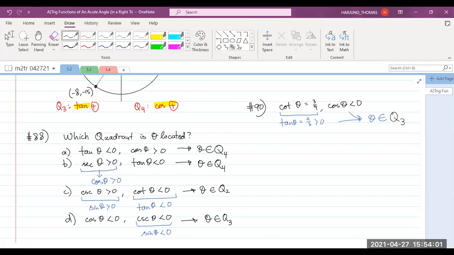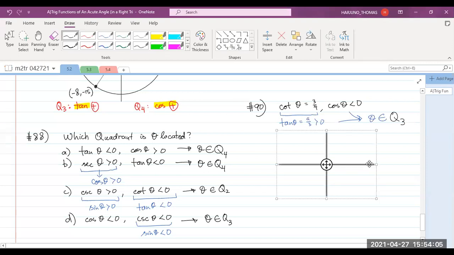Now, picture that on the coordinate system. The y is 4, the x is 3, but it has to be negative 3 in quadrant 3. So let's use the y is negative 4 and the x is negative 3.